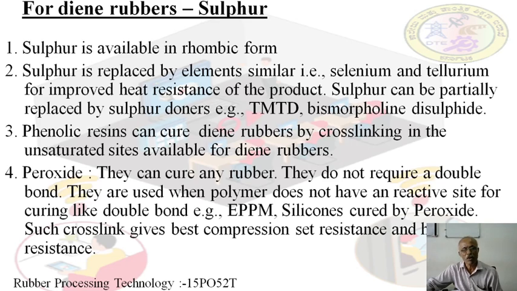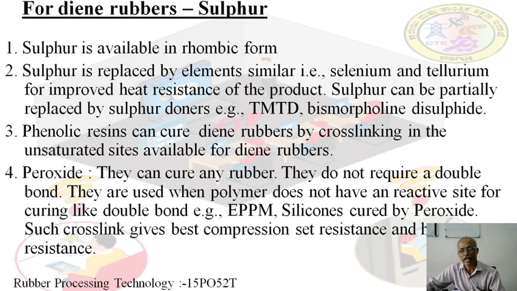Third one, phenolic resins can cure diene rubbers by cross-linking at the unsaturated sites available in diene rubbers. Fourth one, peroxides. They can cure any rubber. They do not require a double bond. They are used when the polymer does not have a reactive site for curing like a double bond. Example, EPDM.